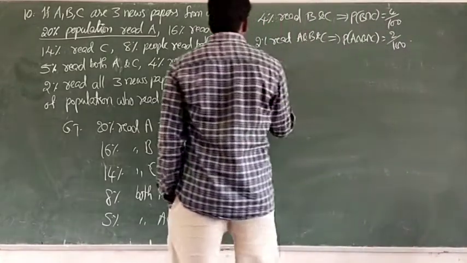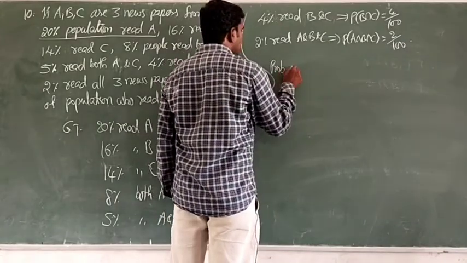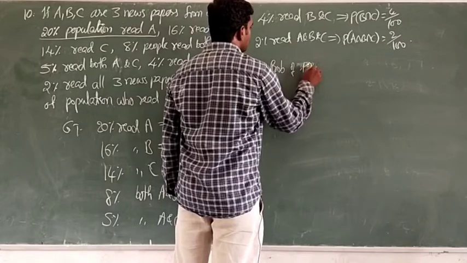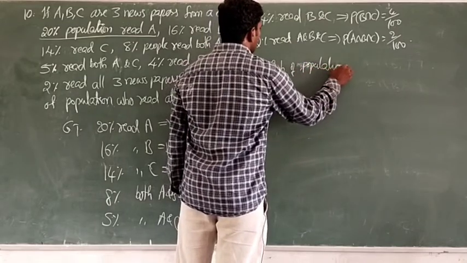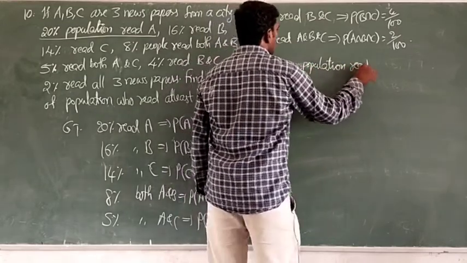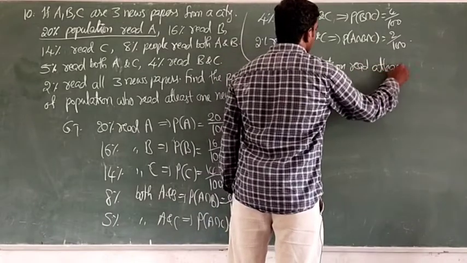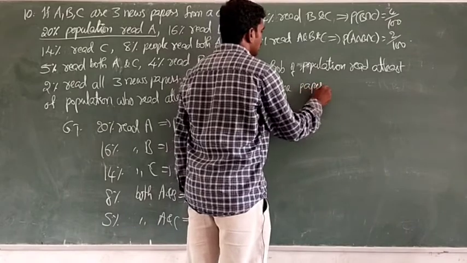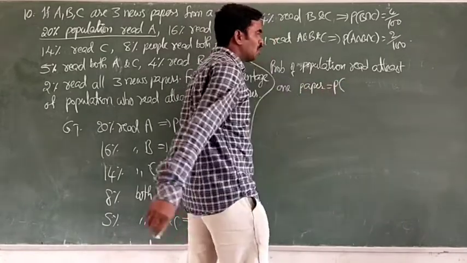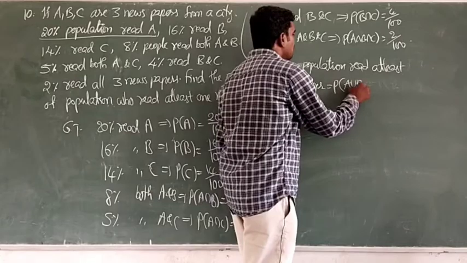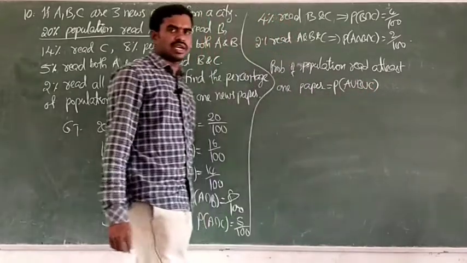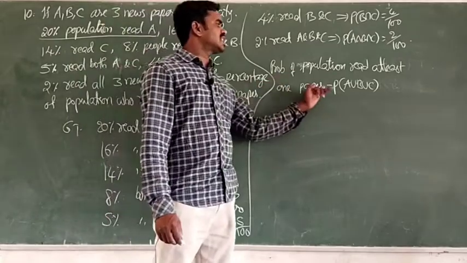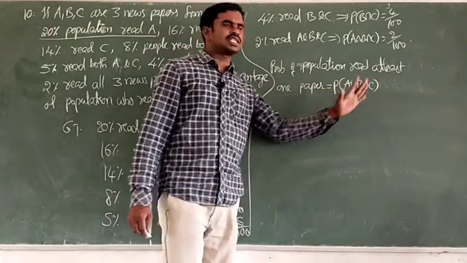First I am going to find the probability of the population who read at least one newspaper. That is the probability of A union B union C, which we denote as P of A union B union C. What is it?